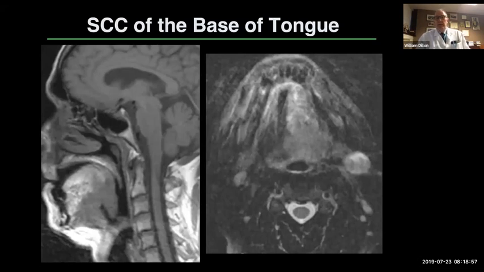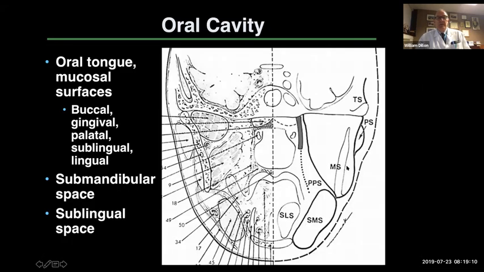Another one extending into the skull, into the base of tongue, and you can see it's coursing down towards the larynx. Very serious tumor, presenting also with level 2 lymphadenopathy, etc. So the oral cavity extension up through the parapharyngeal space and these structures that we see here, the submandibular and sublingual space, very classic.